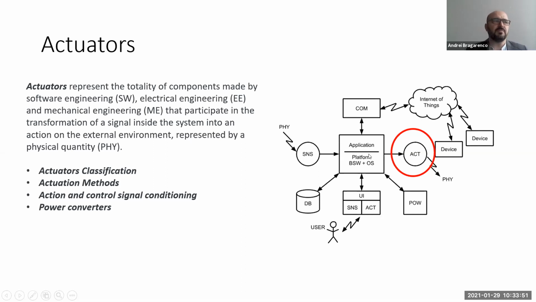That doesn't mean that we have to change it outside very fast, because most probably, as we'll see in the next section about protection, the motor will not be able to change fast from 0 to the maximum. Most probably it will even break the device. In this case, we have to condition the signal that we are applying to the actuator.